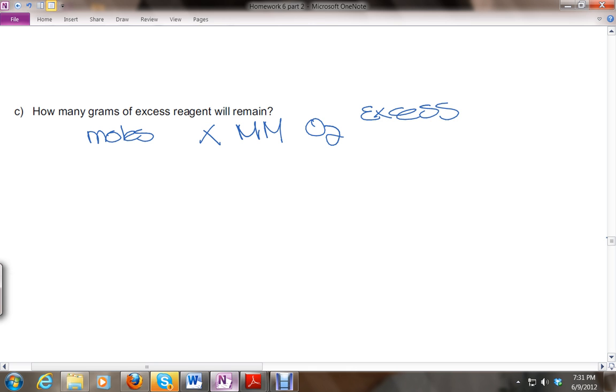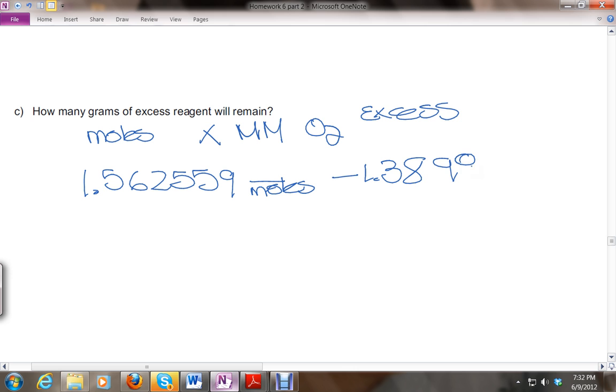Well, okay, we get 1.562559 minus 1.38984 moles, and that gives me an amount in excess of 0.121719 moles of O2 excess.